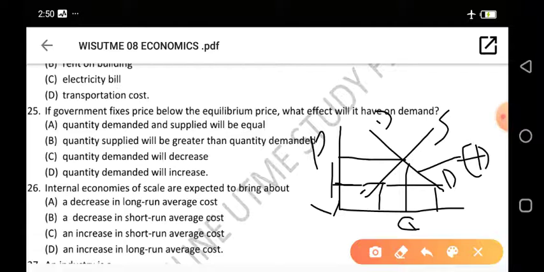So we have excess demand, and that will discourage supply, because suppliers will not want to supply some of their commodities. So number 25 answer is D. Quantity demanded will increase.